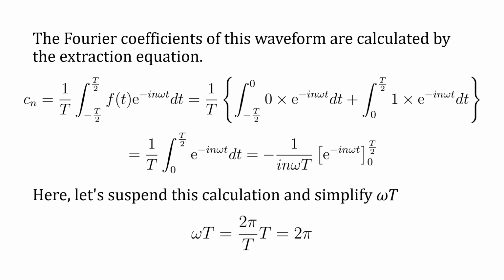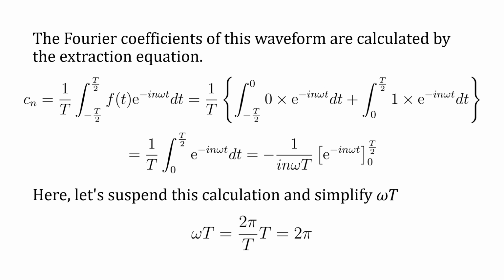Then it is divided into the part from negative large T over 2 to 0 where f of t is 0 and the part from 0 to large T over 2 where f of t is 1. Then, it is equal to 1 over large T multiplied by the integral of e to the negative i n omega t from 0 to large T over 2, which is equal to minus 1 over i n omega large T multiplied by e to the negative i n omega t from 0 to large T over 2.